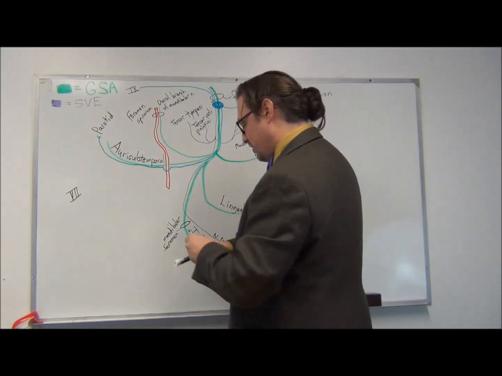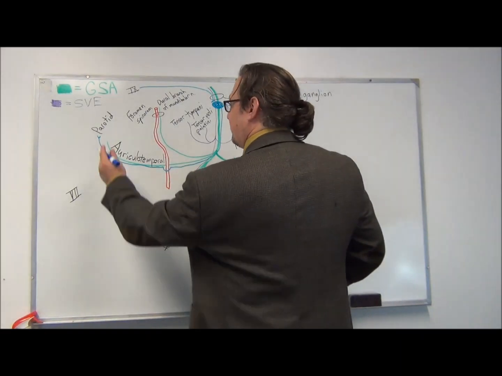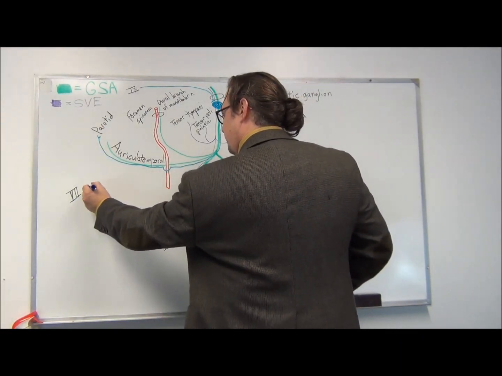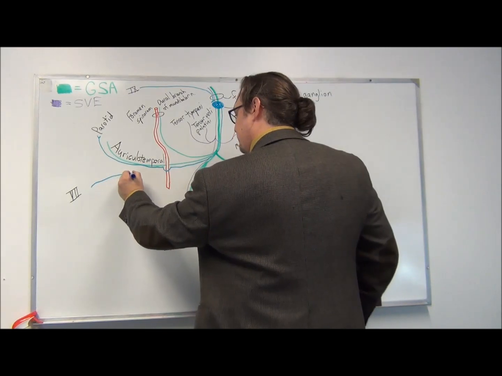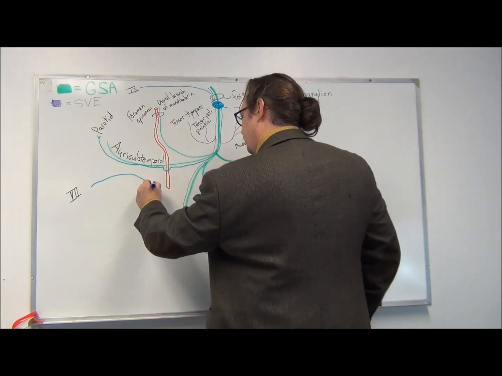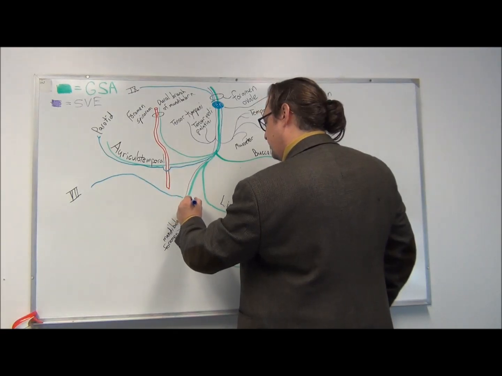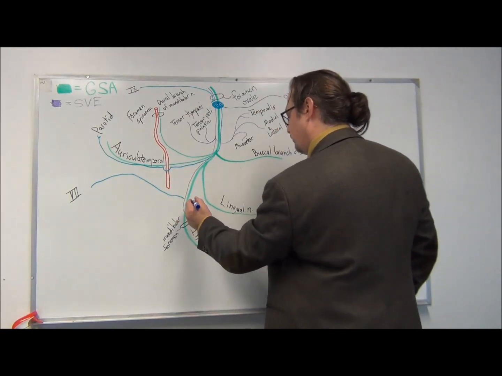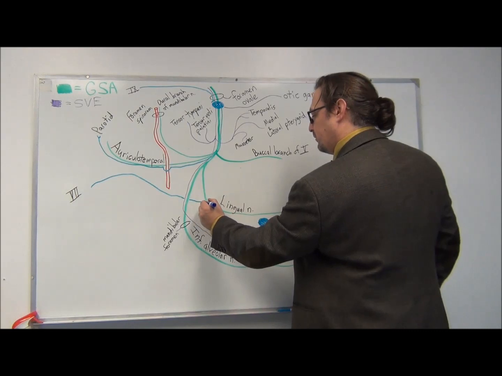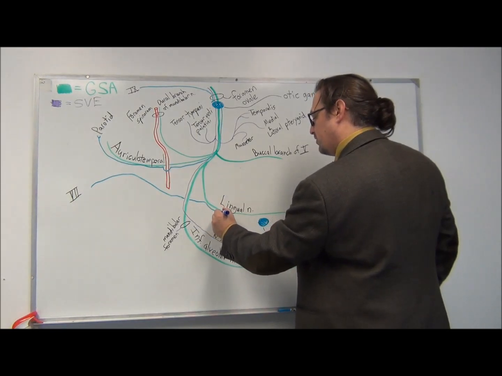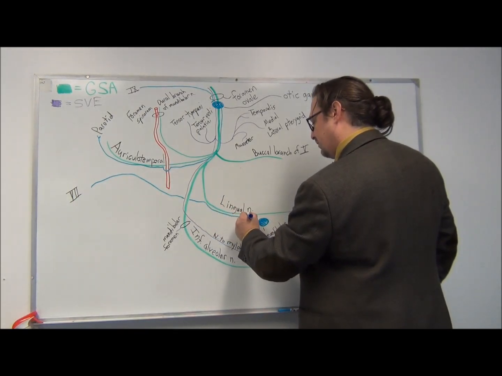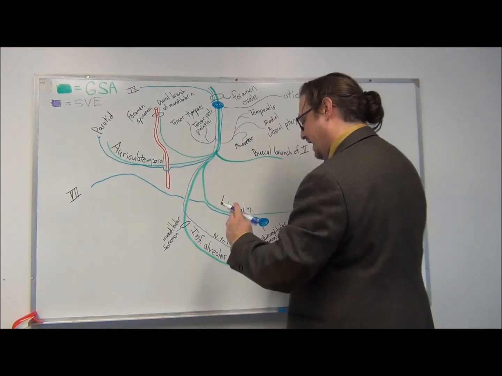Cranial nerve 7 also has a branch called the chorda tympani that descends through the petrous portion of the temporal bone after it peels off of 7, and it runs through the infratemporal fossa on its own until it gets to the lingual nerve, at which point it joins the lingual nerve, and its axons run on the lingual nerve surface, and that's what allows it to approach the submandibular ganglion.